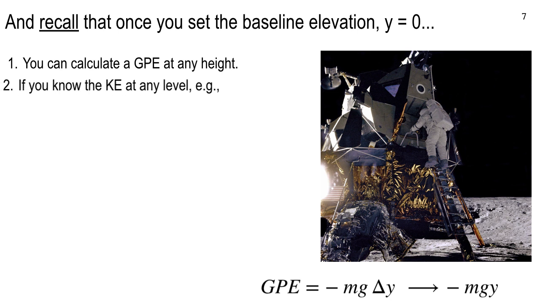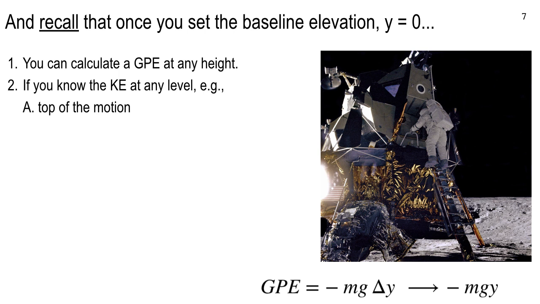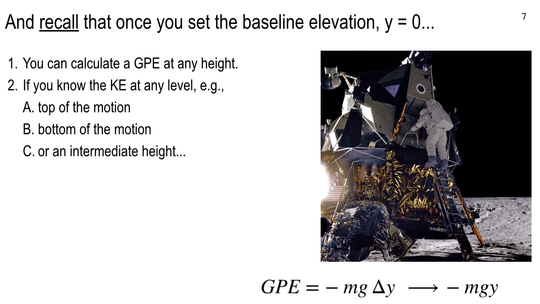And then if you know the kinetic energy level at the top of the motion or at the bottom of the motion, it's maximum at the bottom usually, and 0 at the top, because then it turns around and comes back down. But you might know it at some intermediate height, and if you do, then you can calculate total mechanical energy.